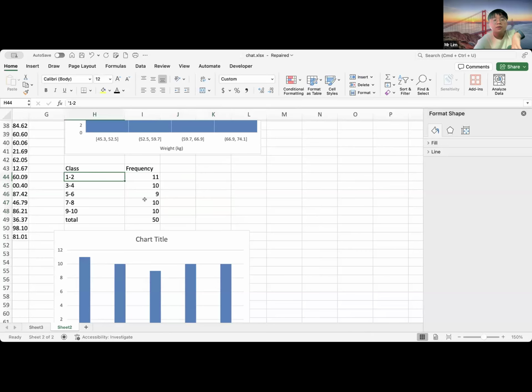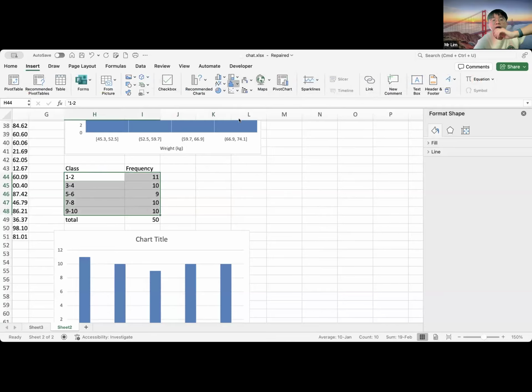It's okay. What about we insert a histogram?